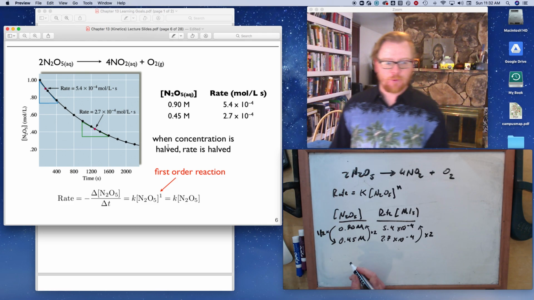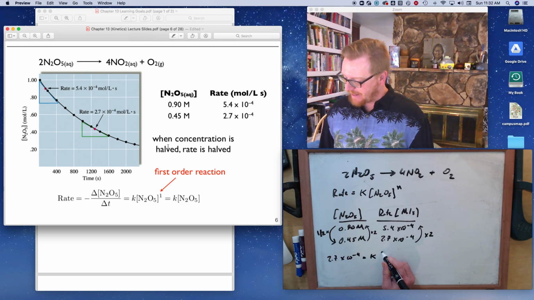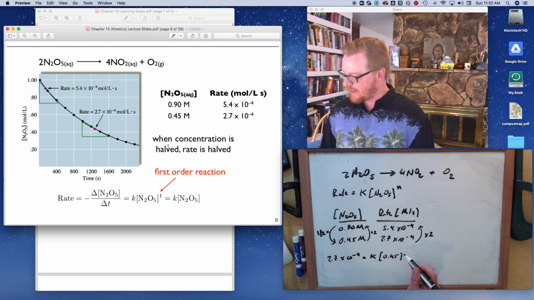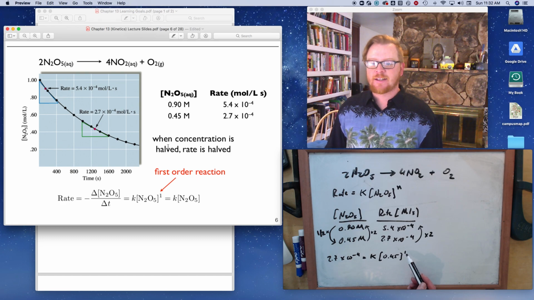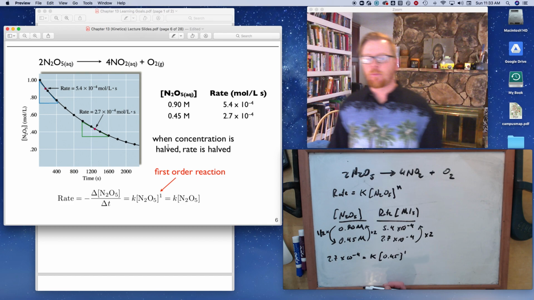I'll prove that to you. Suppose we have my rate of 2.7 times 10 to the minus 4, and that equals k times, and if I'm using this rate, I have to use this concentration, 0.45 molar. Suppose we're just going to guess, or if we looked at this and said, if that goes up by 2 and that goes up by 2, that means that n has to be equal to 1. Here's how I'll prove that to you.